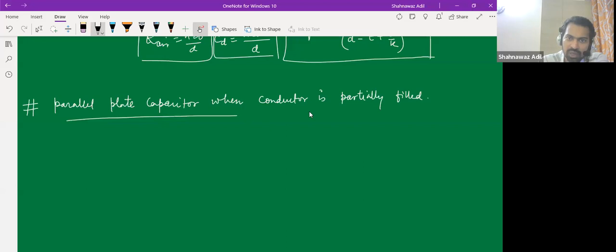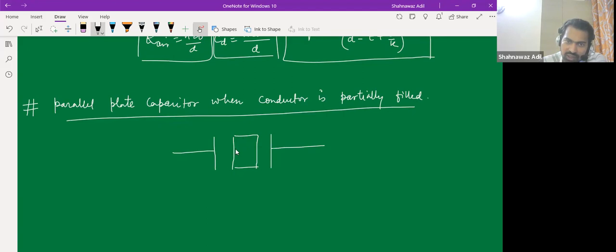In the previous case we had a dielectric, but now we have a conductor. So this is a conductor.